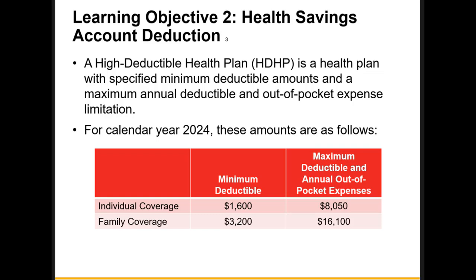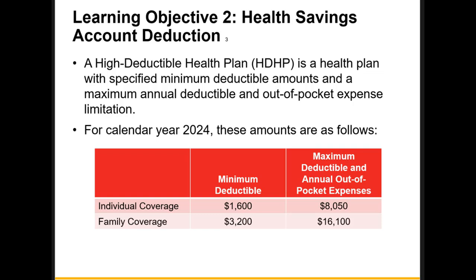That is also the maximum you can put into the plan as a deduction. So you have individual coverage, you've got your high deductible plan in place with a minimum deductible of $1,600, and you can put into that plan $8,050 total.